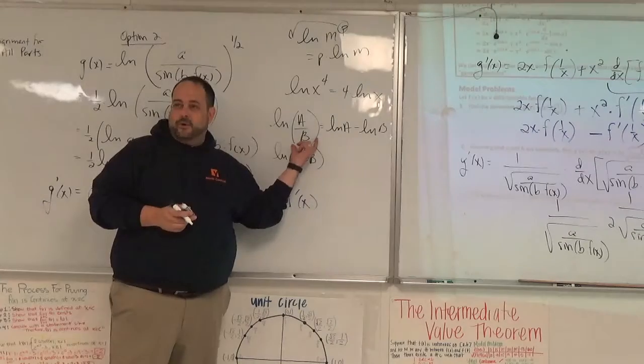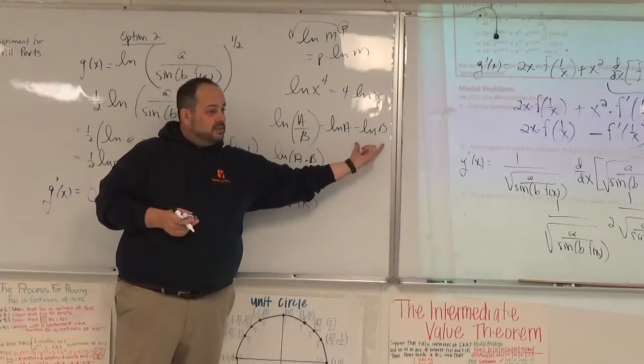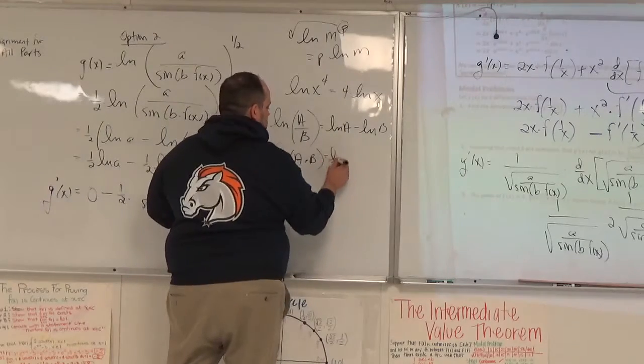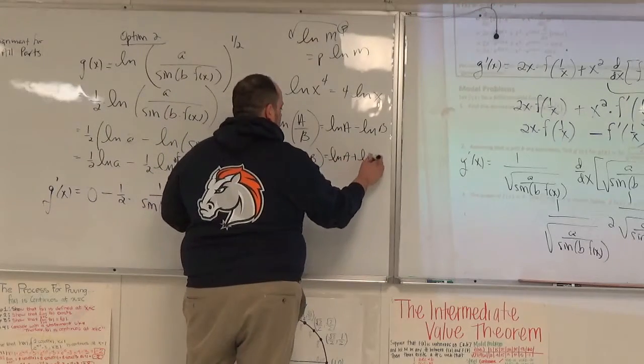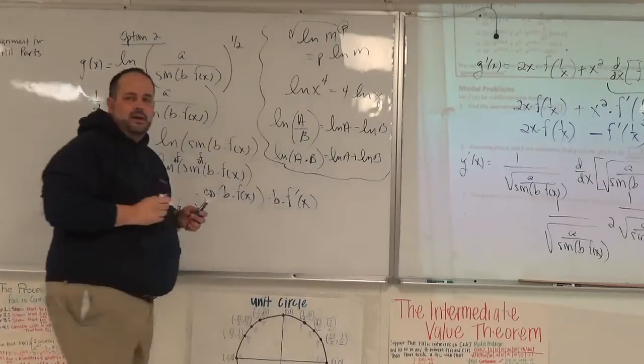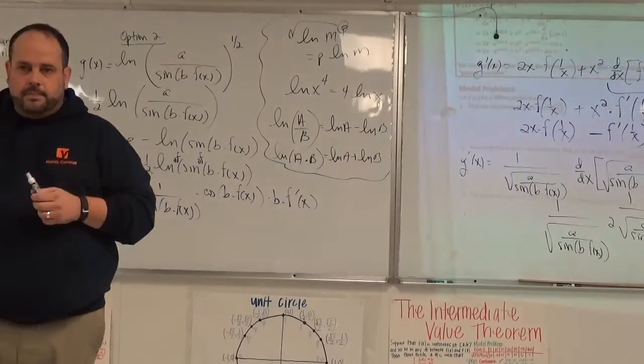If the natural log of a quotient means the difference of two logs, then the natural log of a product should be the sum, the addition of two logs. Well said, natural log of A plus the natural log of B. Those are the ones that I'd encourage you guys to get locked down.